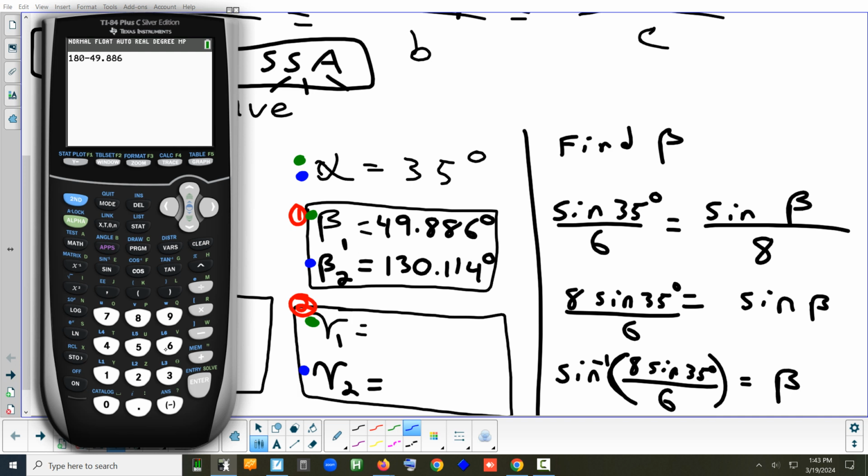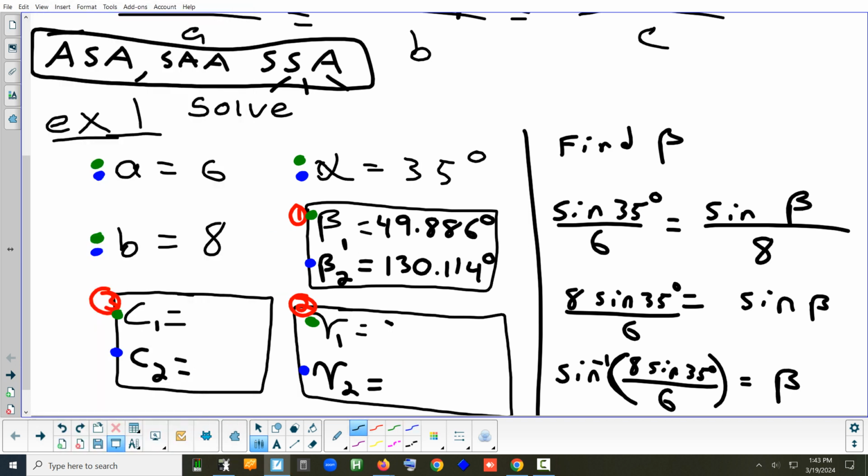So 49.886 and 35. So gamma 1 is 95.114. Now, you have enough information. You could do C1 right now. But what I like to do is finish off all the angles first, and then I'll go back and do the sides.